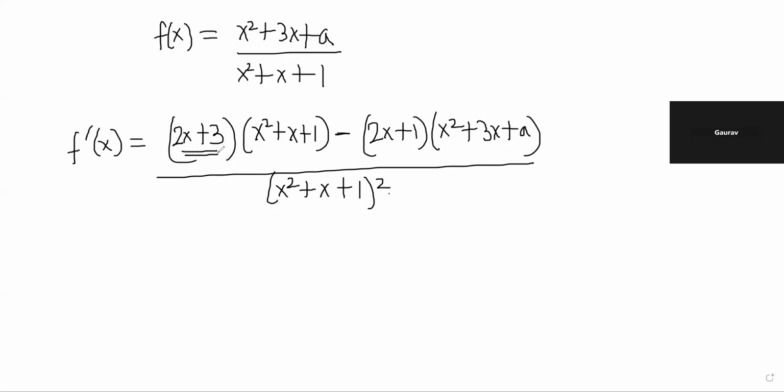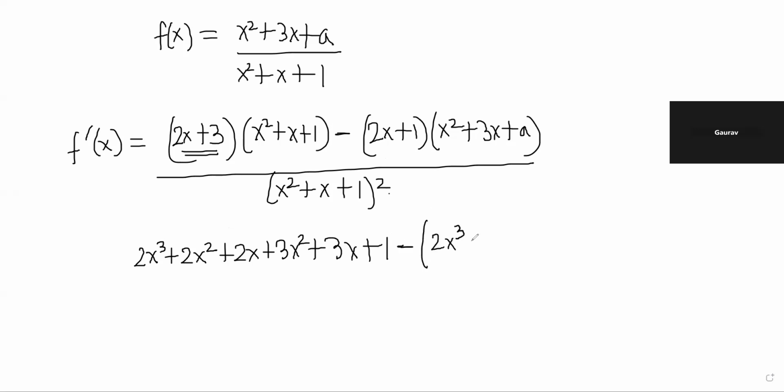So 2x cube plus 2x square plus 2x plus 3x square plus 3x plus 3 minus 2x cube plus 6x square plus 2ax plus x square plus 3x plus a, right?